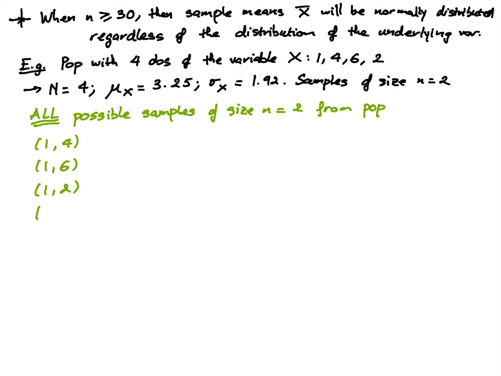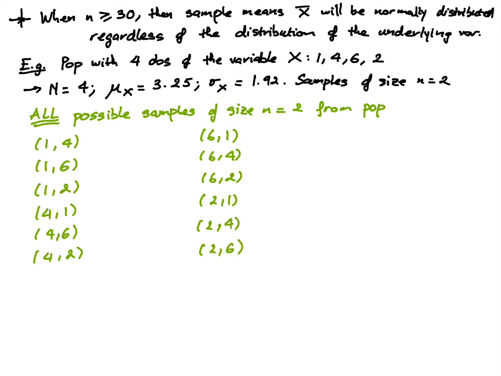Then I'm gonna have 4, 1, 4, 6, 4, 2, and then 6, 1, 6, 4, 6, 2, and then 2, 1, 2, 4, and 2, 6.